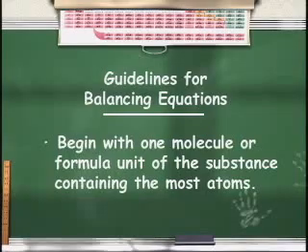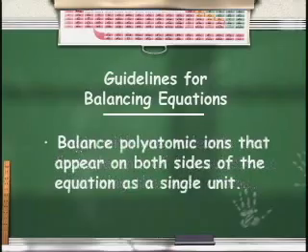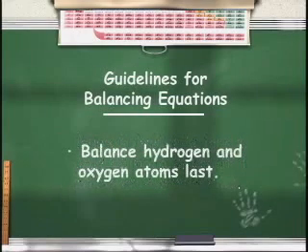Begin with 1 molecule or formula unit of the substance containing the most atoms. Balance polyatomic ions that appear on both sides of the equation as a single unit. Balance hydrogen and oxygen atoms last.